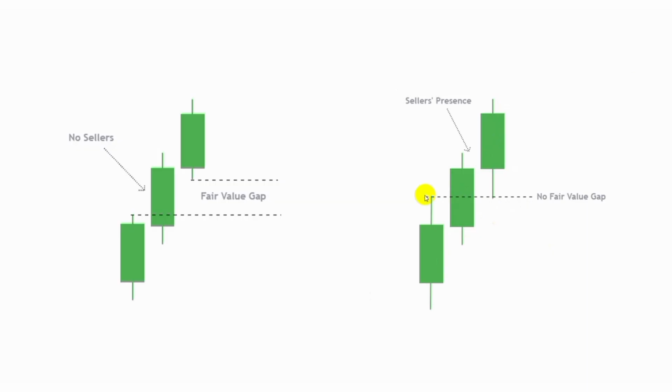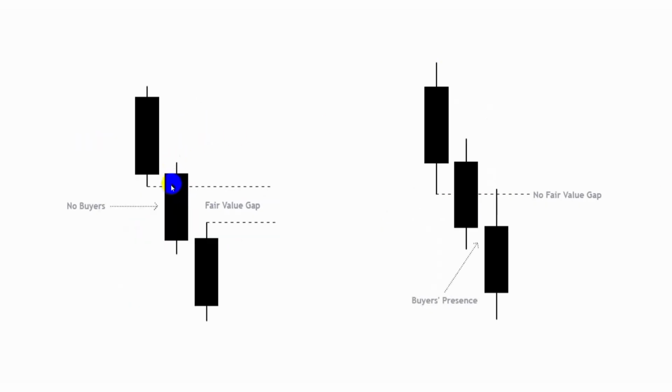So we do not have a fair value gap, or what we call imbalance, because the wick of the third candlestick actually mitigates the wick high of the first candlestick. So it is either the wick mitigates the wick high, or the third candlestick wick may mitigate the body of the first candlestick, so that we do not have any inefficient price delivery. So this is actually an example of an efficient bullish price delivery. This is an example of an inefficient bullish price delivery. So let's actually check the bearish market condition.